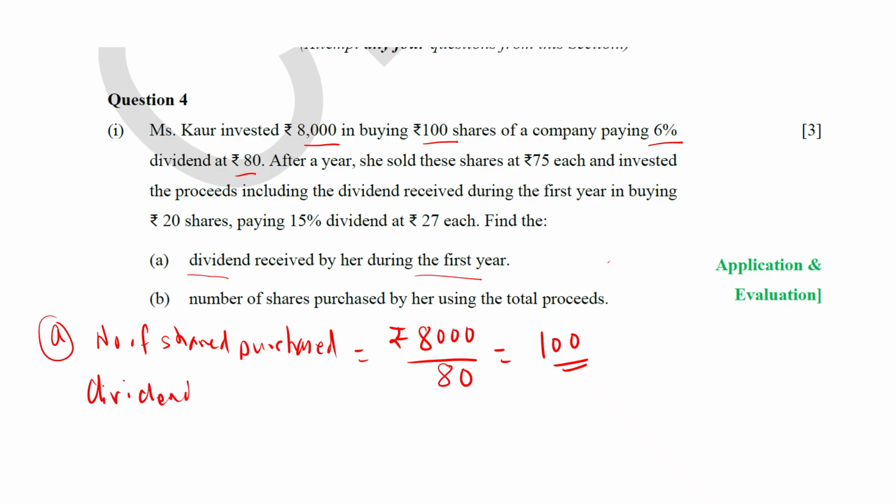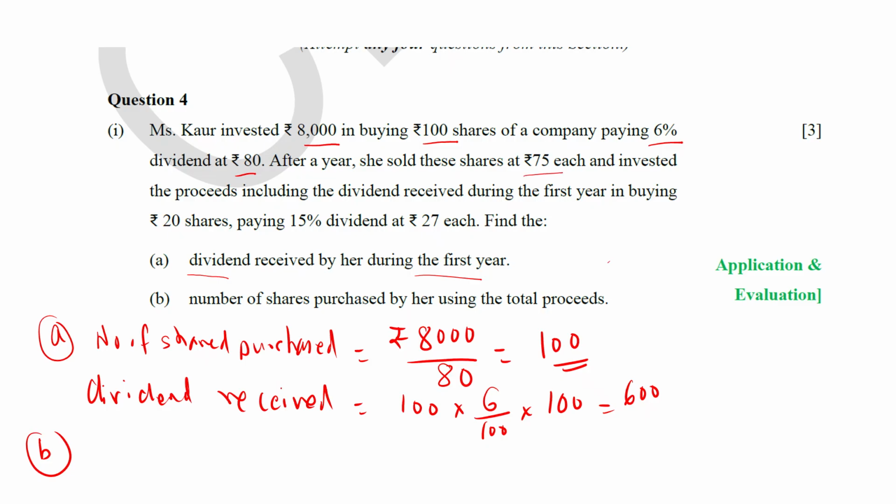Dividend received is equal to 100 number of shares into rate, what is it? 6%. And what is the NAV value of the share? 100. So what will be the dividend received? 600. Got this much? So first, now this, she sold each share at rupees 75.